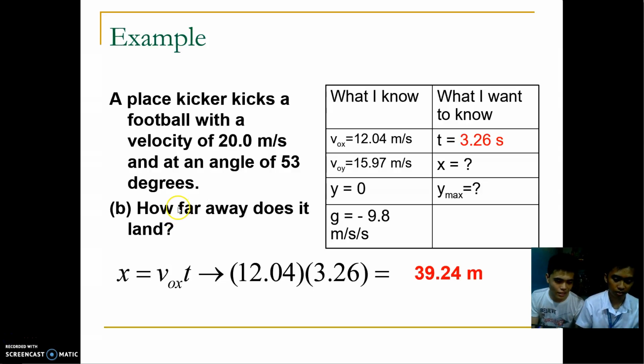So how far away does it land? So here is its solution. x is equal to horizontal velocity times time, and substitute 12.04 times 3.26, and the final answer is 39.24 meters.